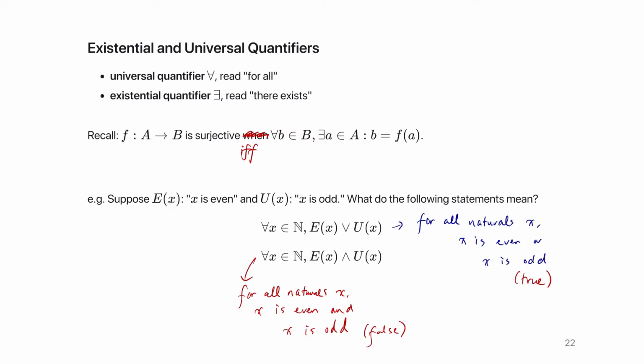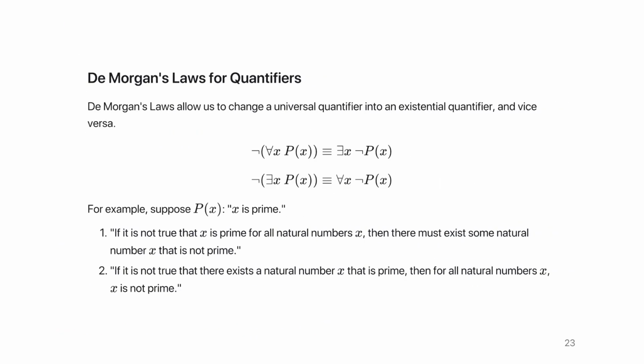Okay? So now we've formally looked at existential and universal quantifiers. The last thing we need to wrap all of this up is De Morgan's laws for these quantifiers. De Morgan's laws actually allow us to change a universal quantifier into an existential one and vice versa.